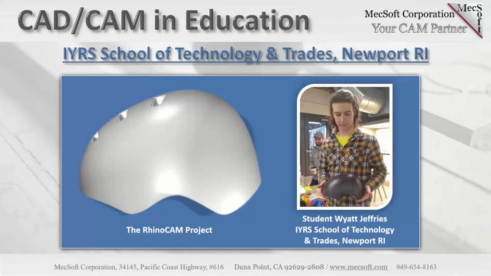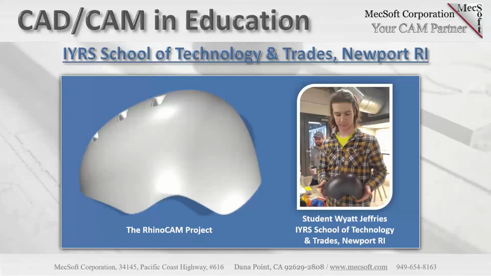Now, why am I looking at a bicycle helmet? Well, at the end of the program, students can choose any project they want to be their end of year project, and it's going to count for a large part of their grade. So we're talking about the composites technology program where RhinoCam is used proficiently in the composites class.